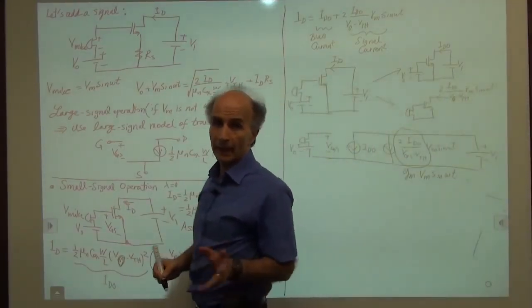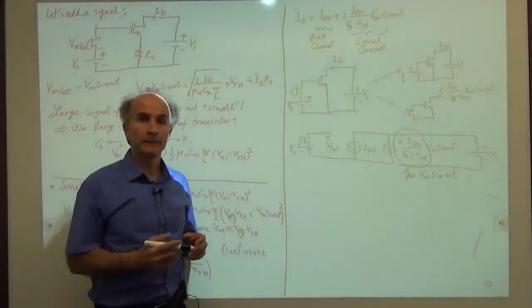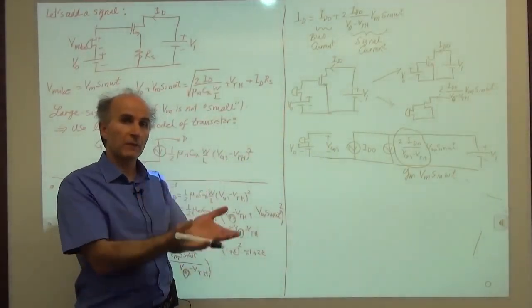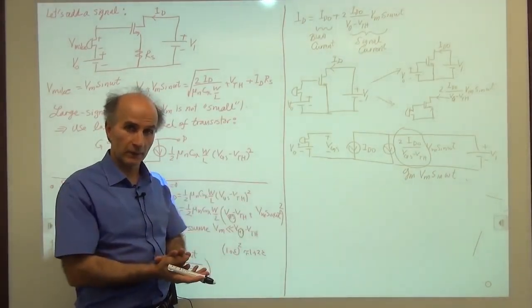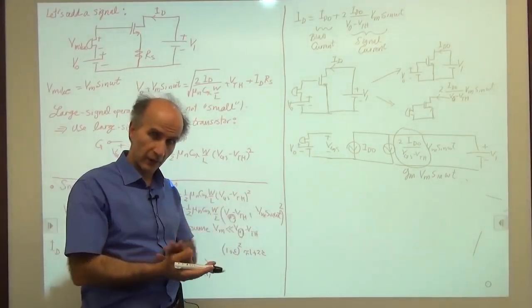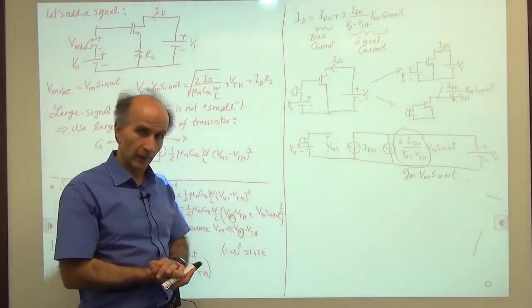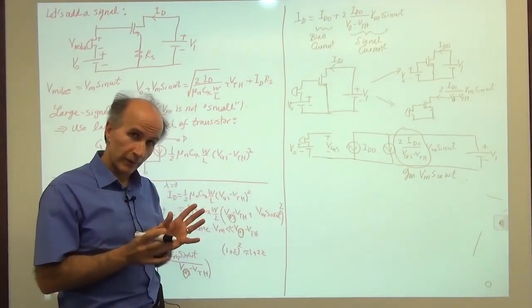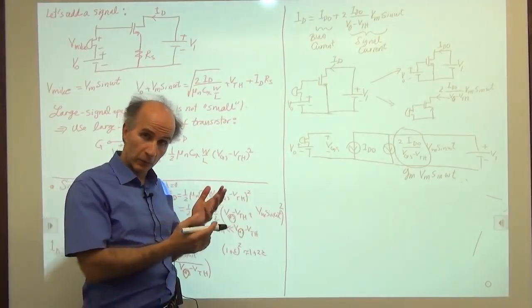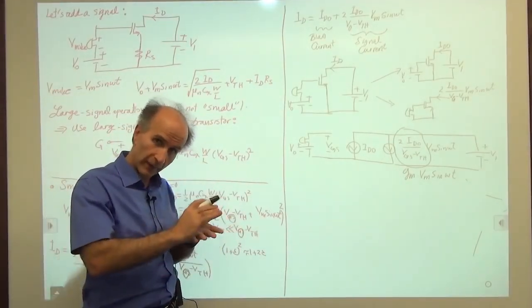All right, so let's take a step back and see what happened here. We have a bias voltage between gate and source that gave us a certain bias current because the device is presumably in saturation. Then on top of that, we came in with a signal voltage applied to the gate source on top of that bias voltage.